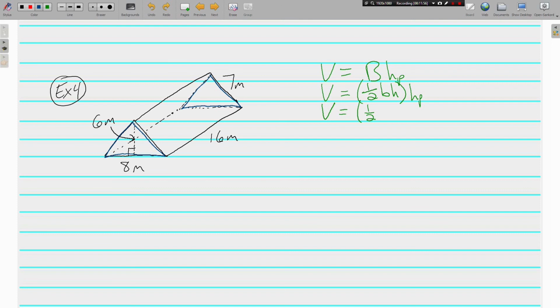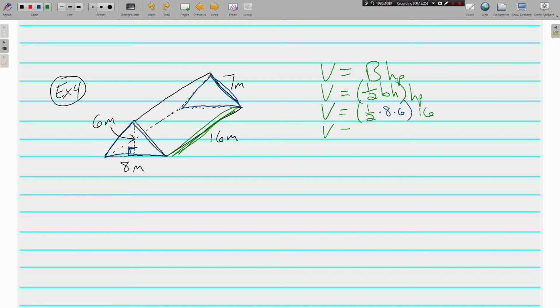Looks like our base is going to be 8 and our height is going to be 6. 6 and 8 make the right angle. 7 is the slant height. It does not make a right angle. And then our height of the prism connects the two triangles. So times 16.